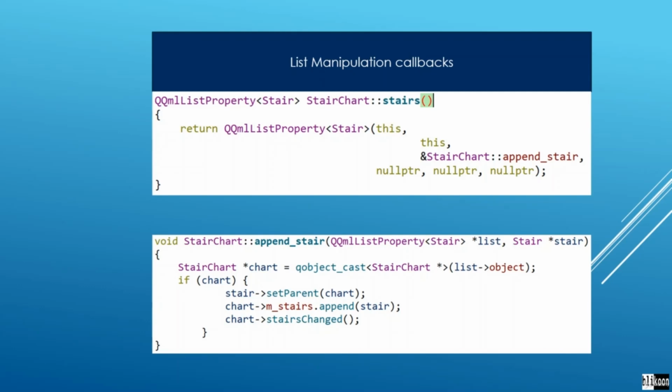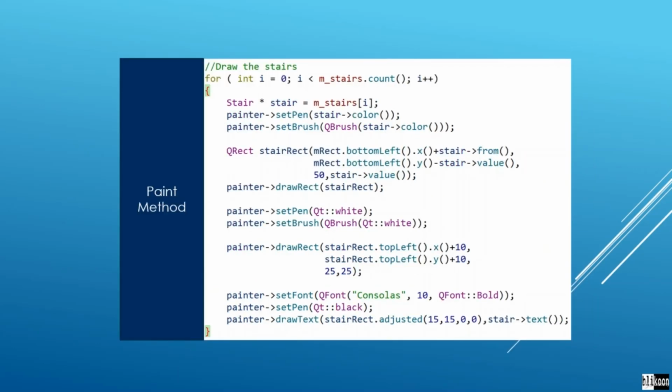How do we get to draw the stairs? Well, the paint method is not going to do anything special. It is going to just loop through the list that we have of stairs, and it's going to grab a bunch of properties from the stairs to set up our painter. You see here we are setting the pen color and the brush color, and then we are drawing the stair, which is really what we've been doing all along.